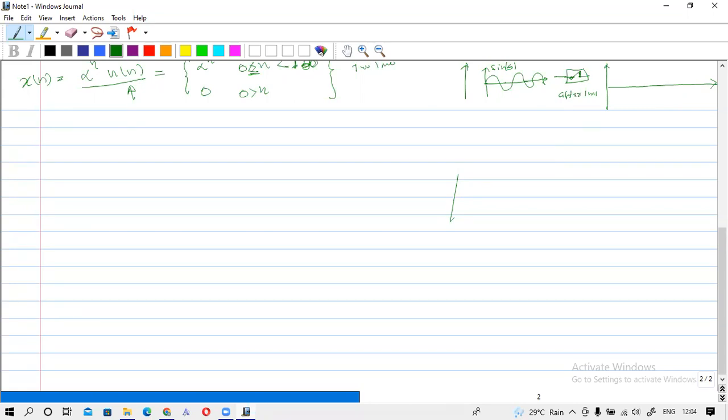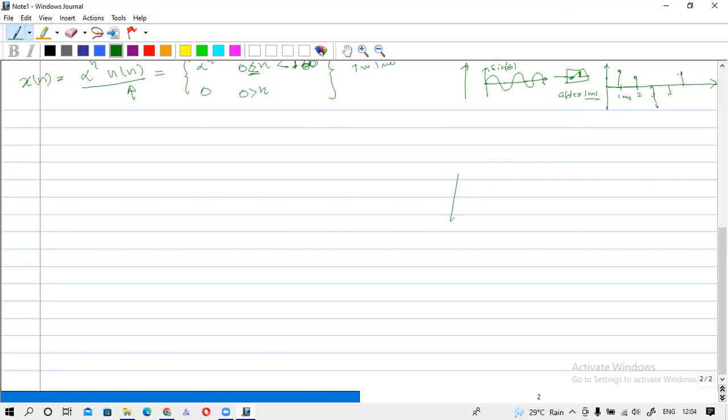Let's say this switch is on and off, and after 1 millisecond I get the first sample. Then after another 1 millisecond I get another sample, and after another 1 millisecond another sample, and so on.